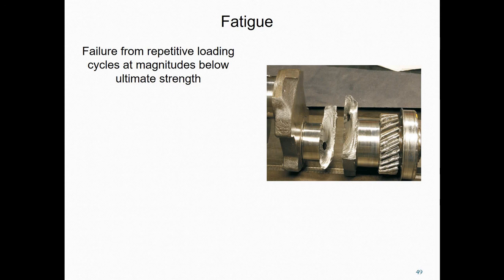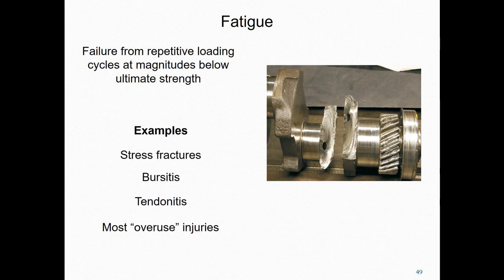So if a material has become fatigued, it will fail earlier than a material that has not become fatigued. We see fatigue both in non-biologic and biologic tissues. Examples of fatigue in biological tissues include stress fractures, bursitis, that occurs when bursae become inflamed, tendonitis, and most overuse injuries.